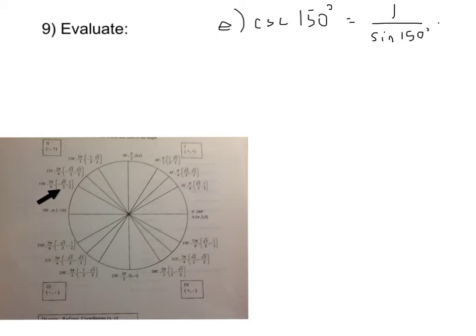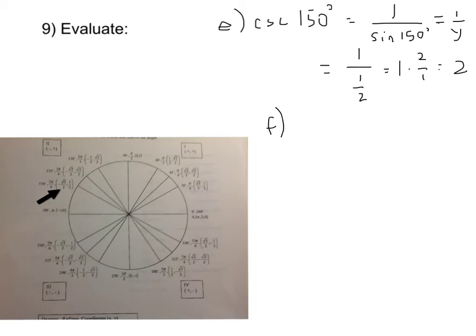And the sine is the y-coordinate. So what we're really looking at here is 1 over the y-coordinate of that 150 degrees. So our y-coordinate is 1/2. So what we have is 1 over 1/2 for the y. Can multiply by the flip, which is 2 over 1. And we end up with the cosecant of 150 being equal to just plain old 2.